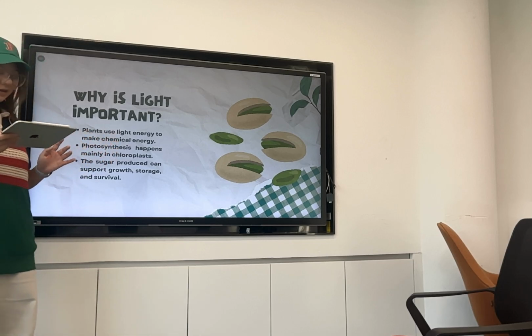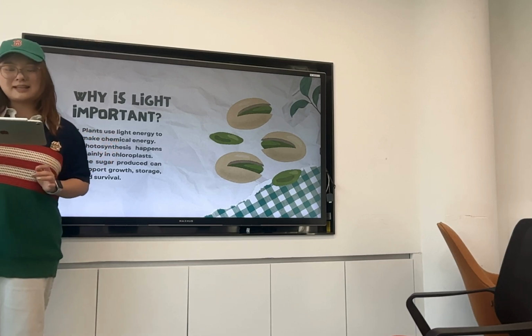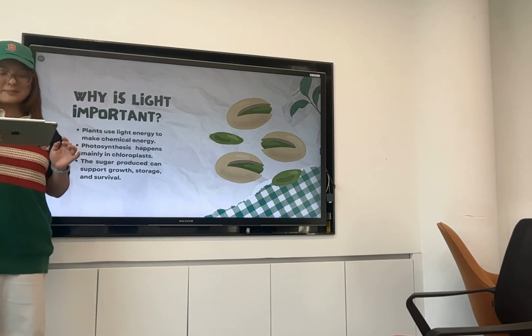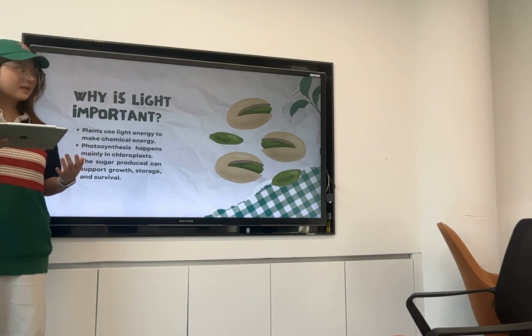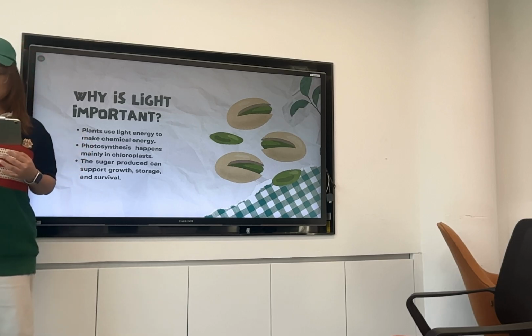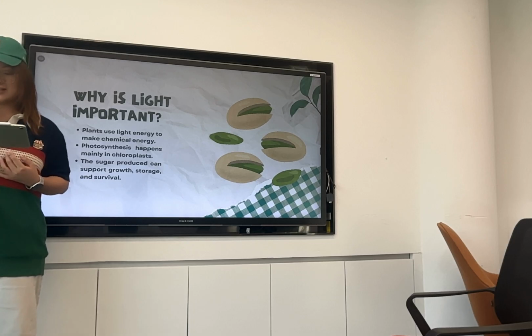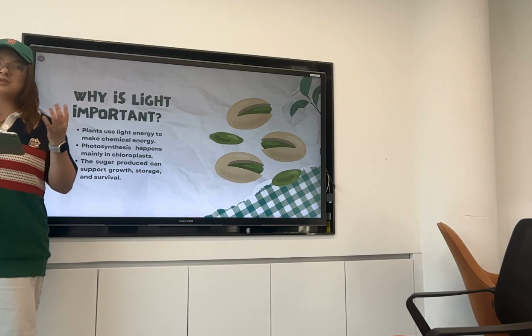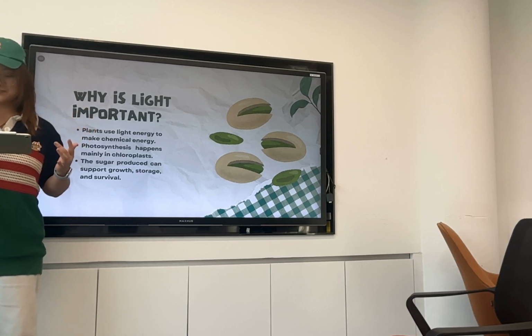Plants take carbon dioxide and water, and with light energy, they produce sugar and oxygen. The sugar can then be used for growth, storage, and energy. So when the plant grows toward light, it is not doing that just for fun. It is trying to capture more light and make more sugar and survive better.